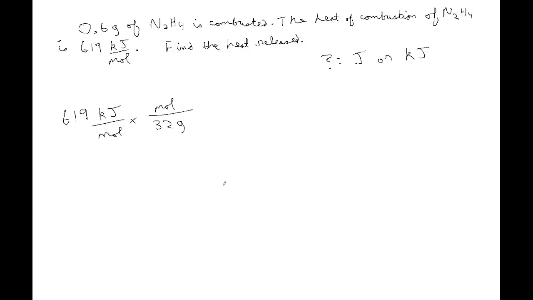But we still don't end up with kilojoules. Okay. Oh, but then we have 0.6 grams. And now times that by 0.6. And that'll give us 11.6. So that's 12 kilojoules. Okay.